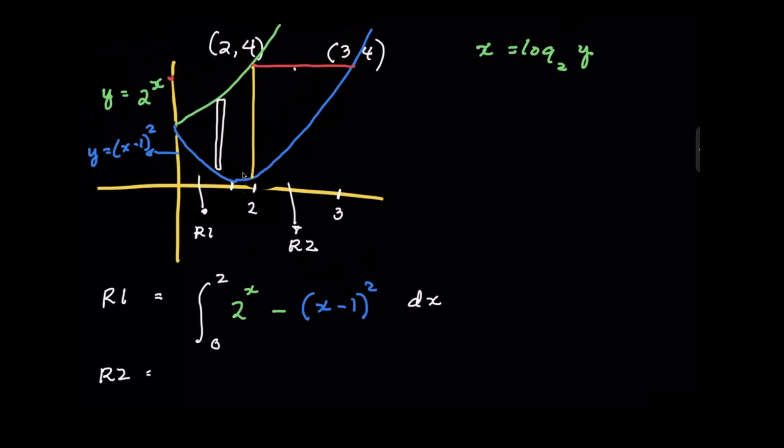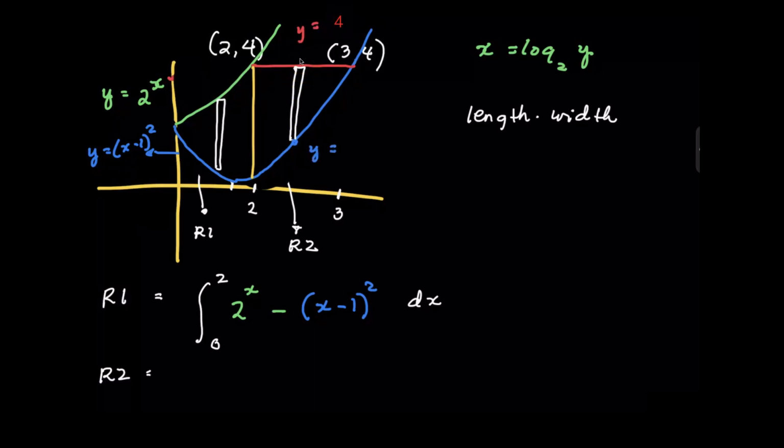Next, for our region 2, I will draw my rectangle. So what will be the length here of this rectangle? Remember, we're getting the area of the rectangle, so it's just length times the width. The length here is again a change in y. So here, y is equal to 3, and here my y is equal to (x − 1)².